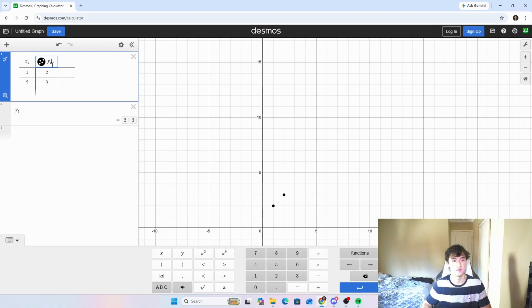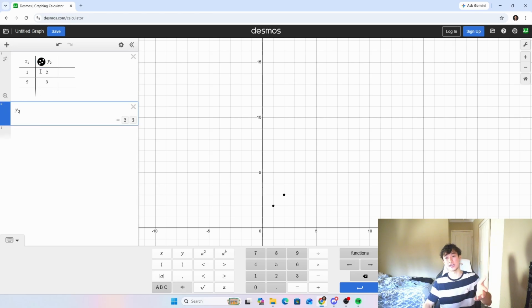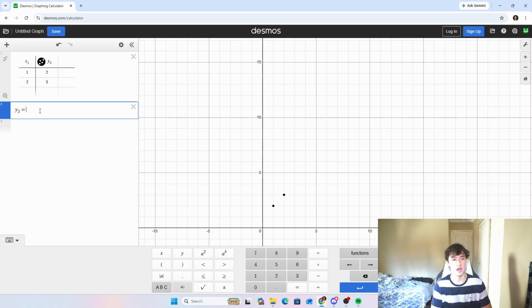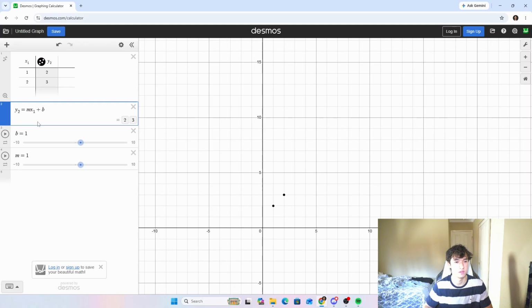If this was y2, then this would have to be y2. So it has to match the table essentially. So y2 is equal to, and then we'll keep it at x1 just to prove the point. But this is obviously going to be some kind of linear function. So as you can see here, we have our linear function.